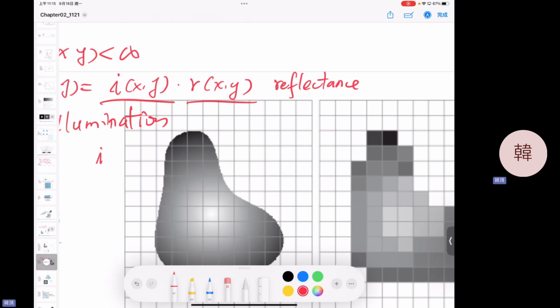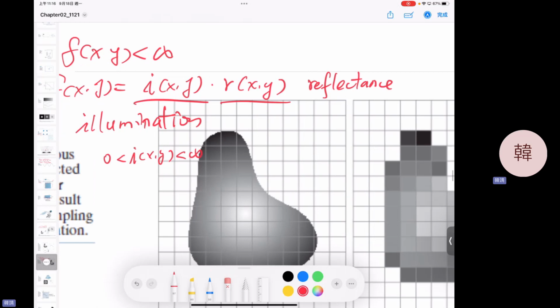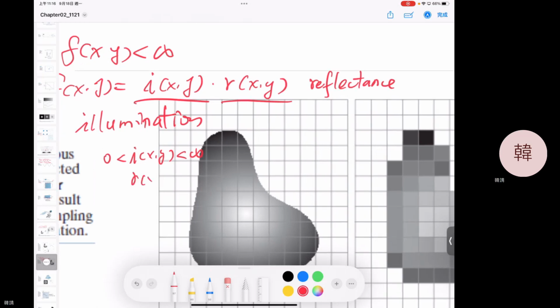We know I(x,y) is from the light source, so it goes from 0 to infinity. If it's 0, you will see nothing because it's all dark, no light source. But the reflectance function is between 0 and 1. How much percentage is reflected by your object? If it's 0, everything is absorbed by the object, like black.